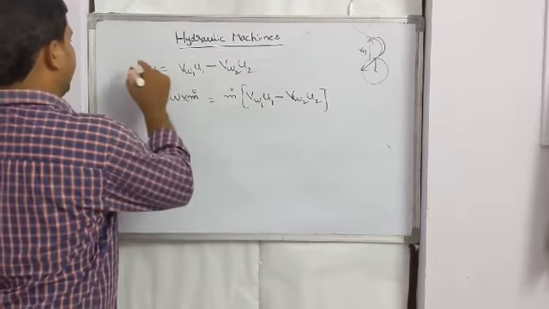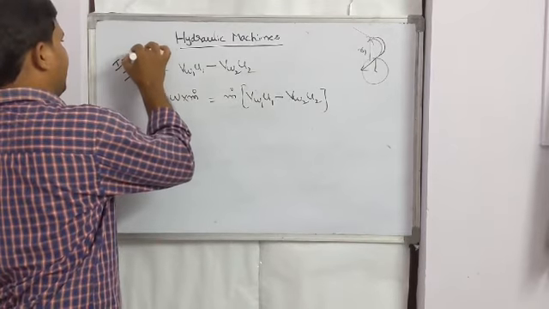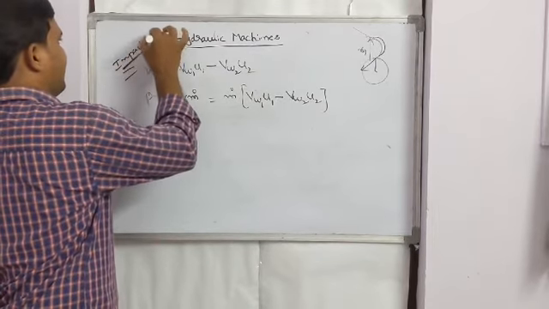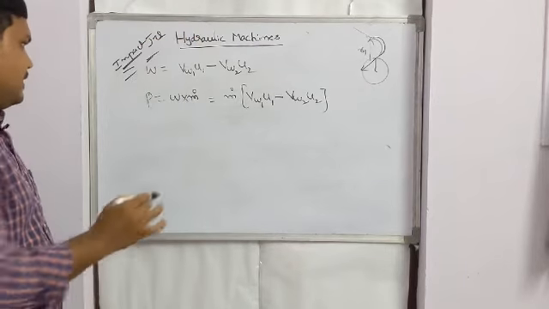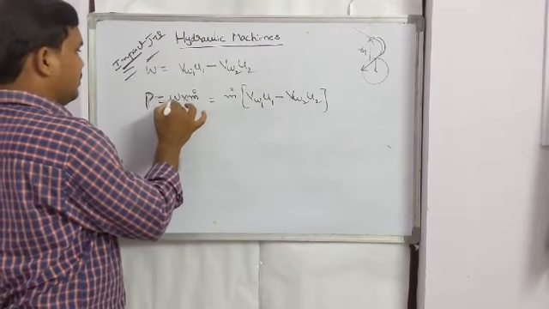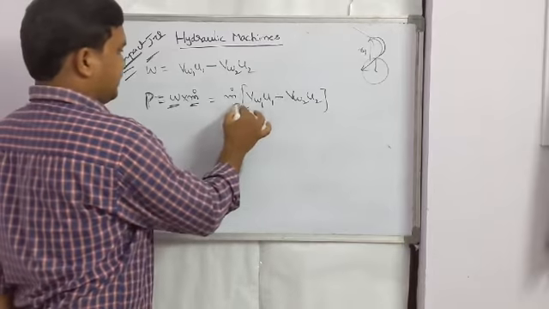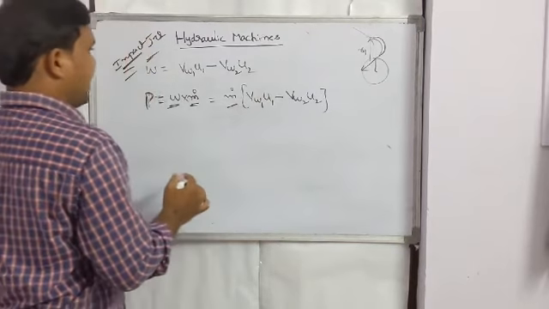We already derived this from the impact of jets. Then power is equal to work done into mass flow rate, that is m dot into VW1 U1 minus VW2 U2.